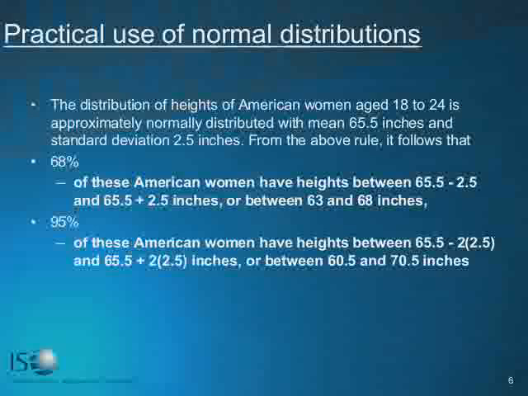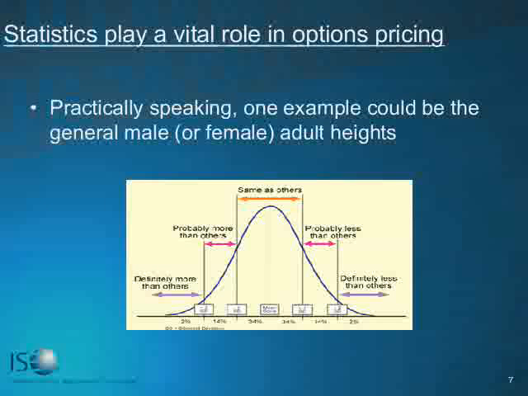And 95% of all women, according to statistics, would be within that double range, 2.5 times 2, or 60.5 to 70.5. So we can say with 95% certainty that most women are going to be between the heights of 60.5 and 70.5 inches. For those of you in places that use metrics, it's not really important that it's inches or not. It's just the number itself. The average woman would be right there on the mean score. Taller women would be all the way to the right, shorter women all the way to the left.